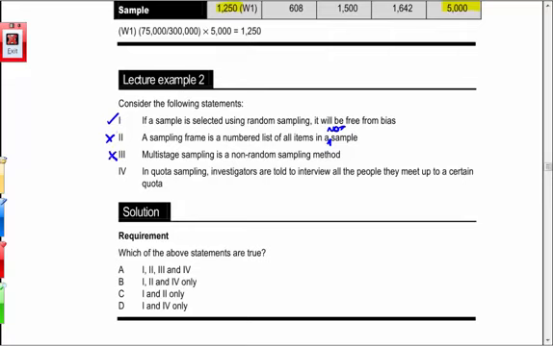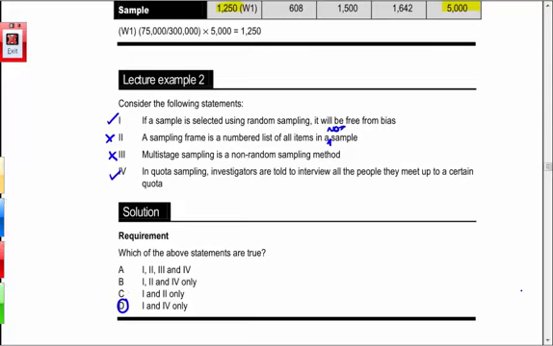Well, that's actually not true as well, because it's a form of quasi-random sampling. At each stage in a multi-stage sample, another sample is picked at random, so it is a form of random sampling. In quota sampling, investigators are told to interview all the people they meet up to a certain quota. Well, that is true. So the correct answer here then is going to be D.